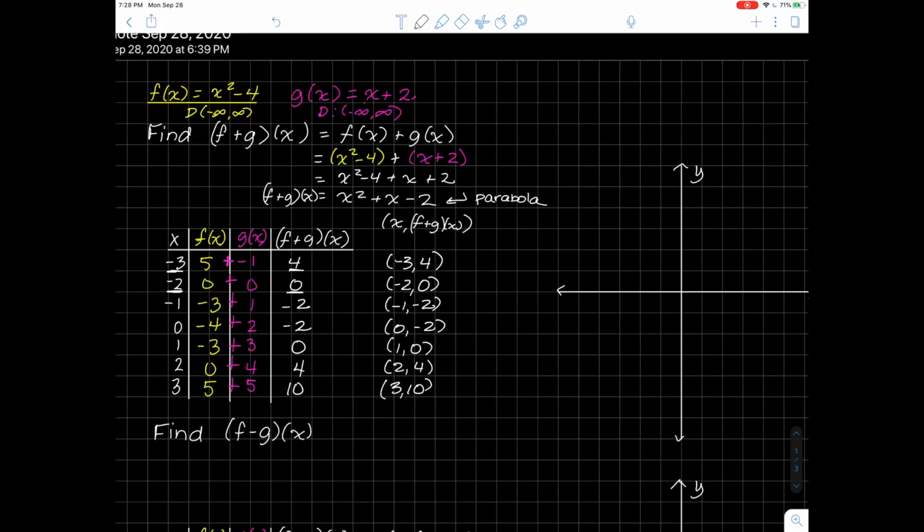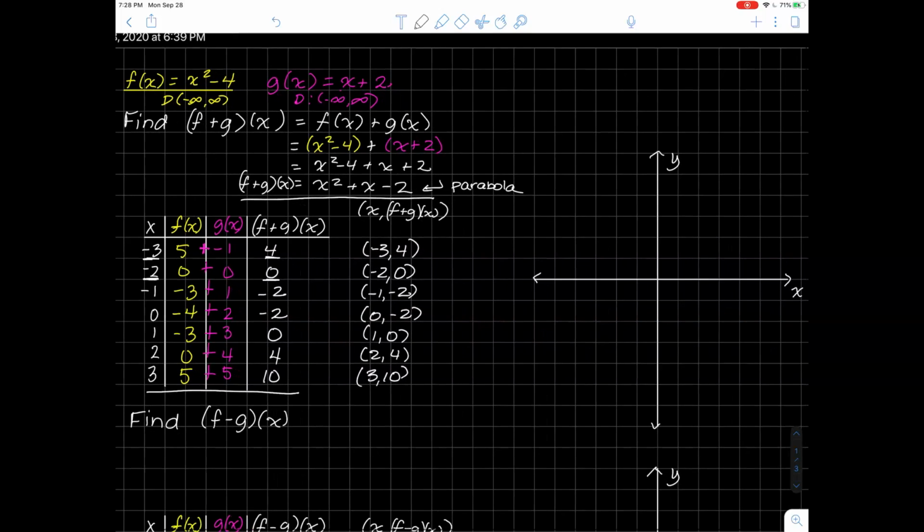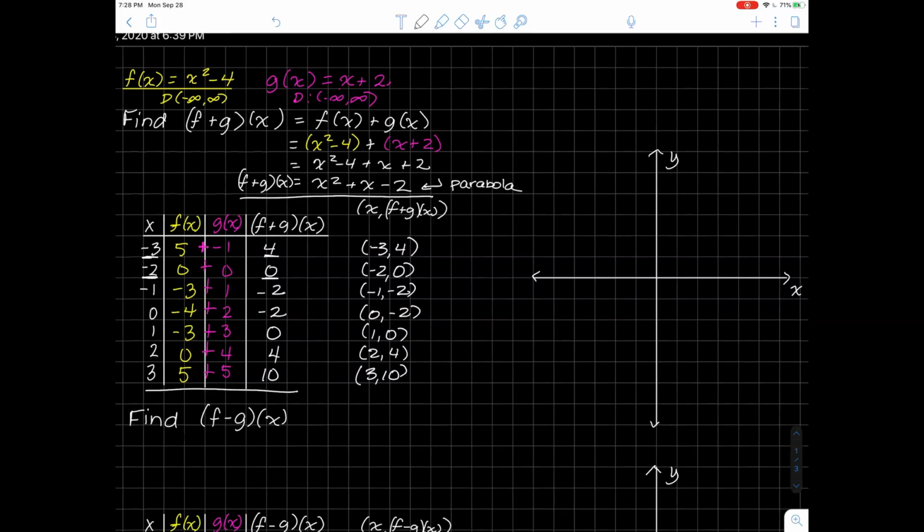And so if I were to add these values analytically, we've already done it algebraically. If I were to analyze them on a table of values, and I were to add my f of x and my g of x, my outputs, when I input -3 all the way to +3, those would be my resulting points. So let's graph that.